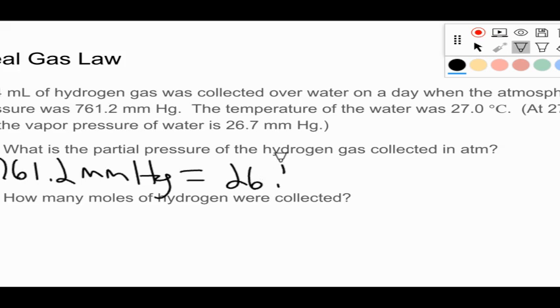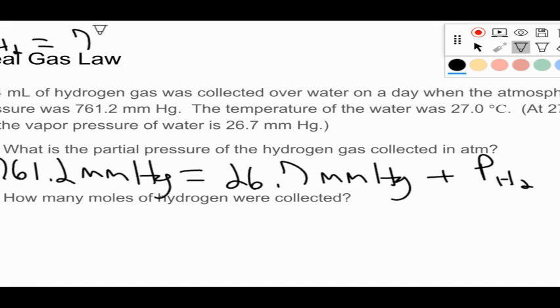So this one is 26.7 millimeters of mercury. And I'm trying to figure out the pressure of my hydrogen gas. So again, some basic algebra. I'm going to do 761.2 minus 26.7. It gives me that the pressure of hydrogen gas is going to be equal to 734.5.